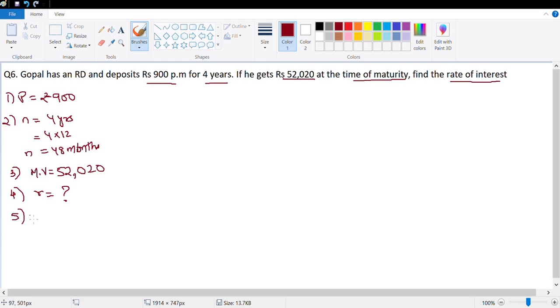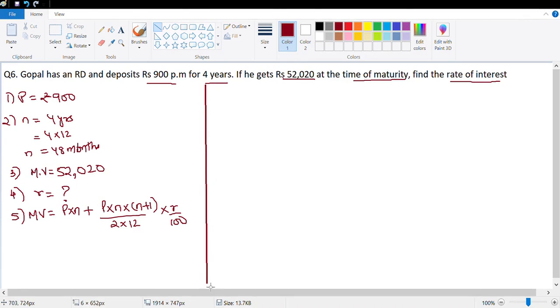We know the formula: maturity value is equal to P into n plus P into n multiplied with n plus 1 upon 2 into 12 into R upon 100. Let's substitute values and we should get our answer. In this case, maturity value is 52,020.